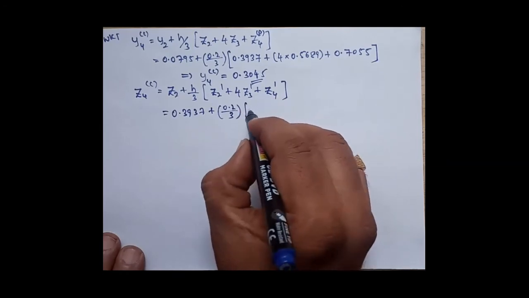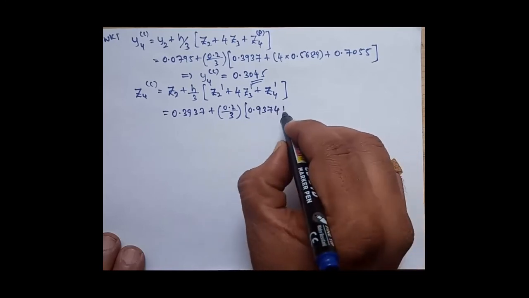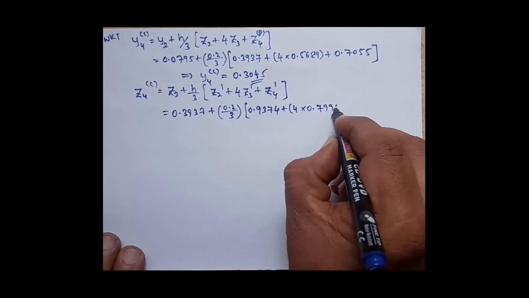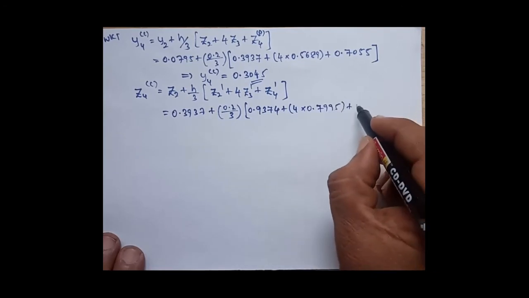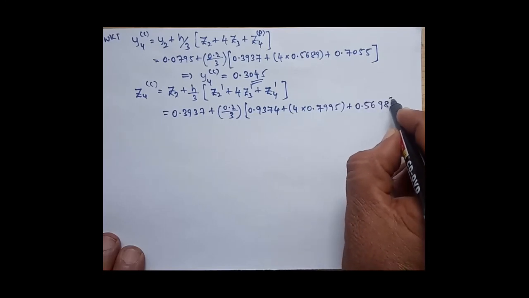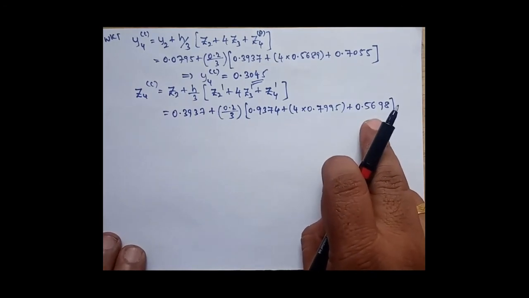What is z2 dash? 0.9374 plus 4 into 0.7995 plus z4 dash. z4 dash we have already calculated. It is 0.5698. That value of z4 dash we have calculated, I am substituting.